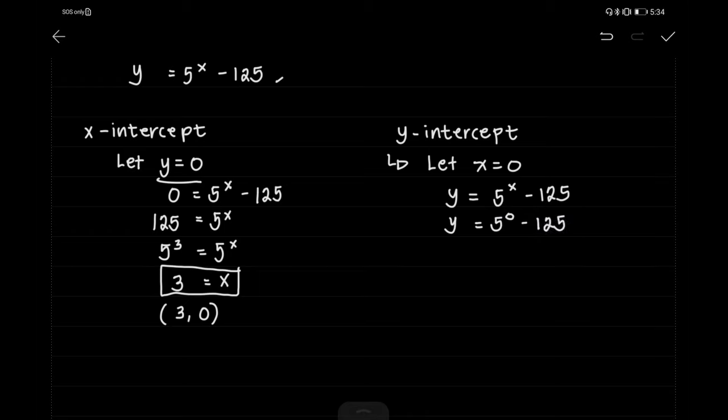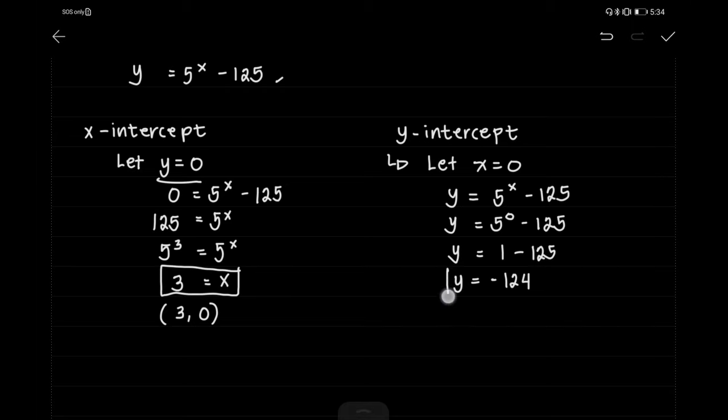Then, what is 5 raised to 0? Di ba sa law of exponent, any number raised to 0 is equal to 1. So therefore, y is equal to 1, okay, minus 125. So ang y value natin is equal to negative 124 since 1 minus 125 is negative 124.